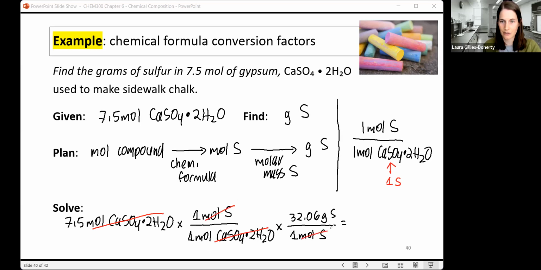We've got moles of sulfur and moles of sulfur canceling out, and we're just left with grams of sulfur, which is what we wanted to find. So I'm going to plug this in. 7.5 times 32.06. And I get 240.45 grams of sulfur.